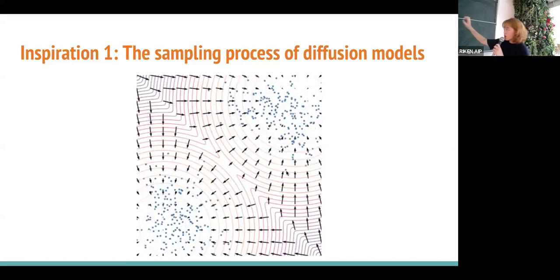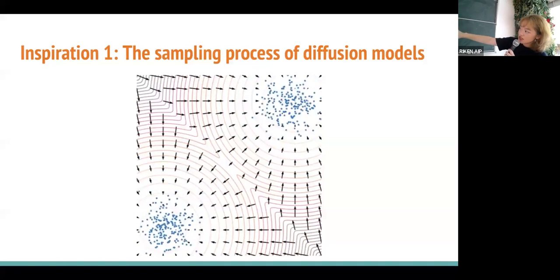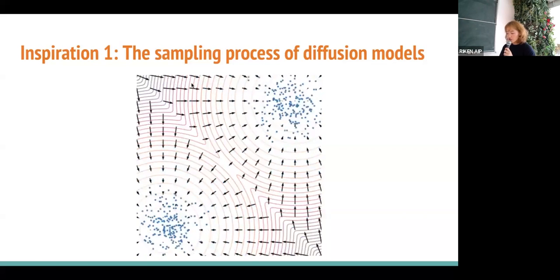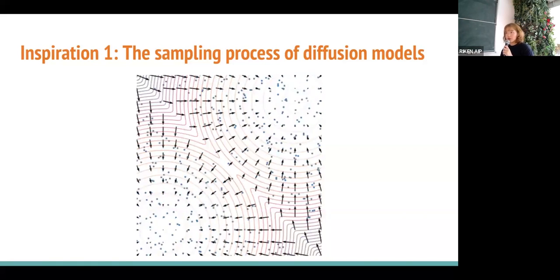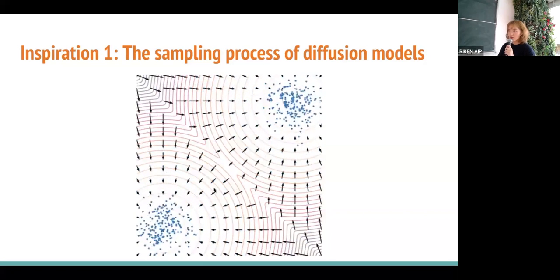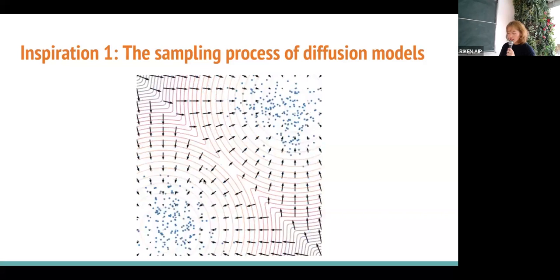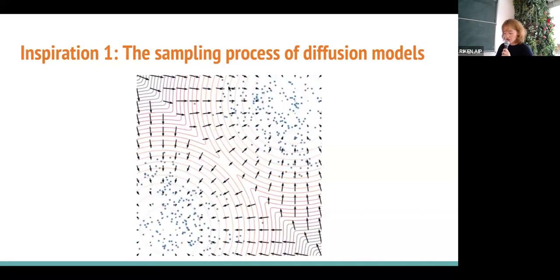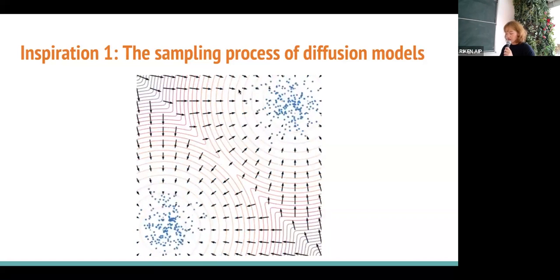If you look at this 2D example, it means that instead of starting randomly in the data space, or from a random Gaussian distribution, say we already kind of know what we want to generate. So we'll start from here.